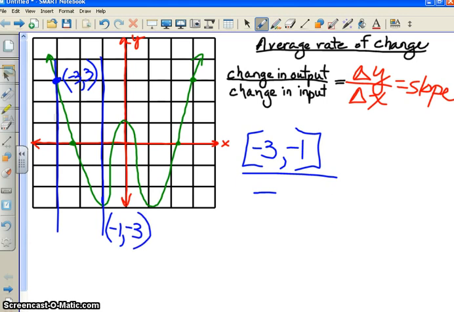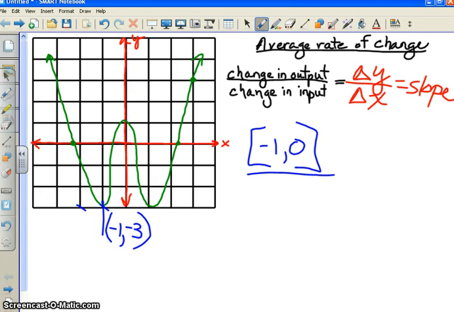So that tells me my change in y, I started at 3 and ended up at -3, that's a distance of 6 spots. Or I could count down, 1, 2, 3, 4, 5, 6, and then I'm running 1, 2. Or to go from -3 to -1 in my x values, that's a distance of 2. And we could reduce -6/2 to -3/1, which would tell me for every x value I am increasing, my y value is decreasing by 3.